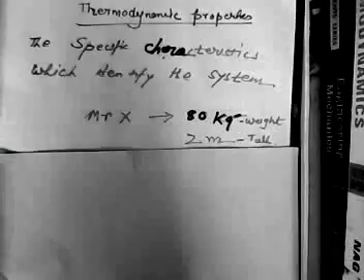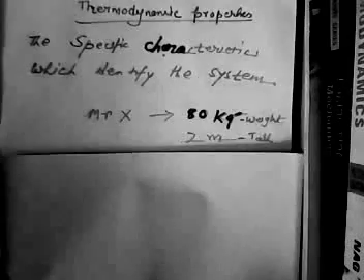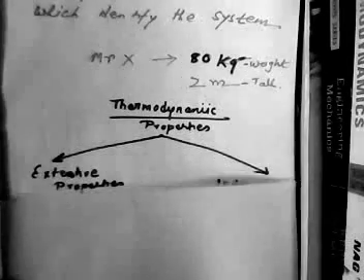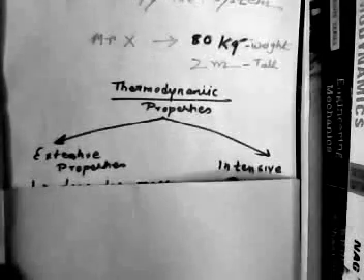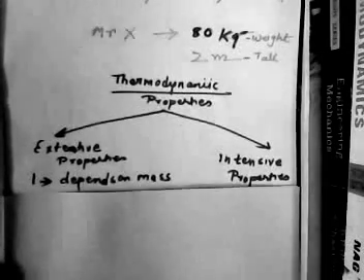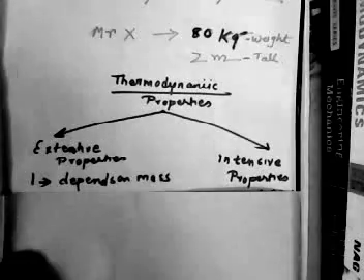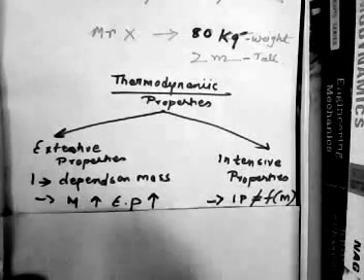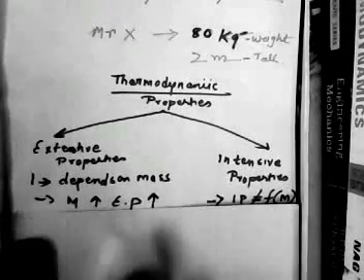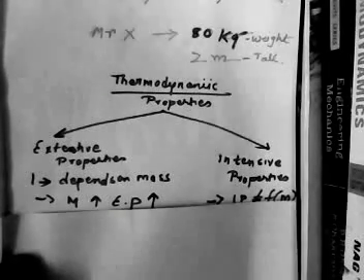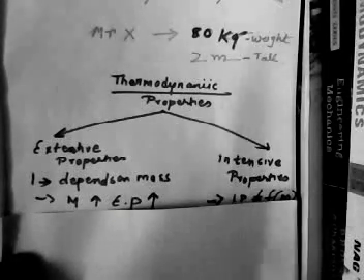Okay. So these thermodynamic properties can be of two types. One is an extensive property, another is an intensive property. What is an extensive property? The extensive property depends on mass. That means the more the mass, the more the extensive property will be. That means this extensive property depends on the extent of the system.